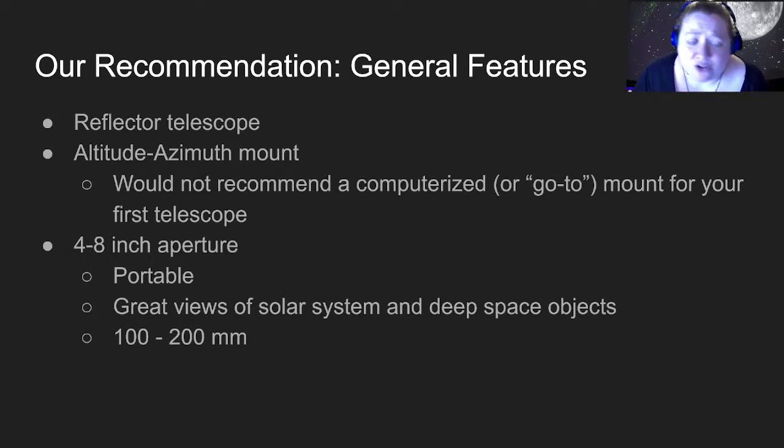So this 4 to 8 inch range gives you really good views of solar system objects and even some deep space objects as well, while still being portable and easy to move around. I also put the millimeter range for this because you'll notice, especially on the smaller end of telescopes, the aperture is given in millimeters instead of inches. So you want to stay pretty much above 100 millimeters in aperture.